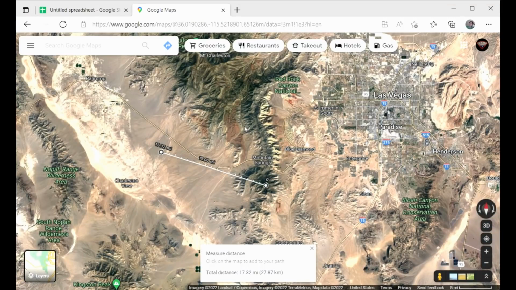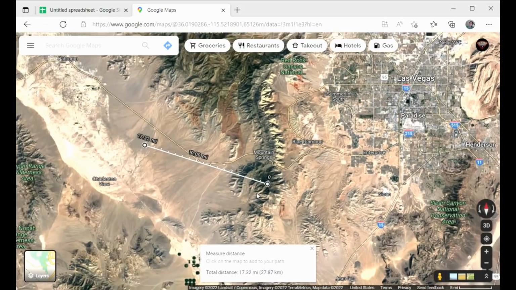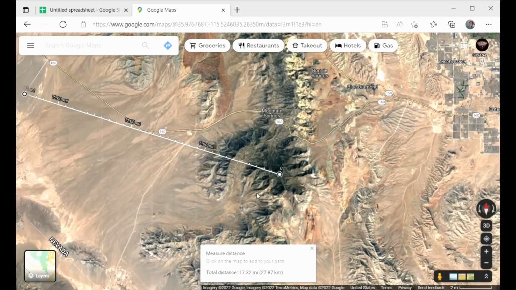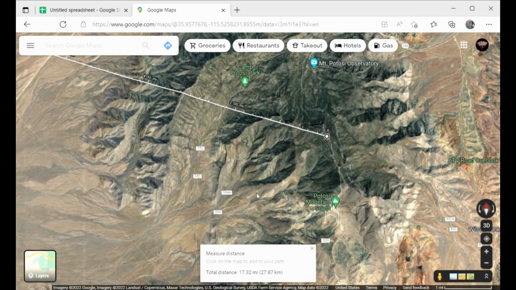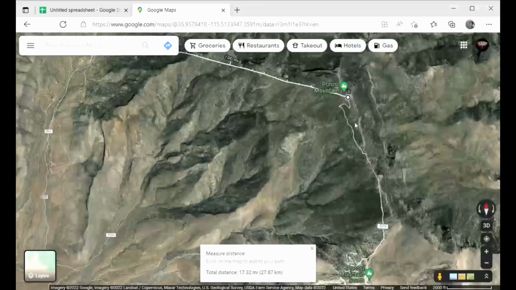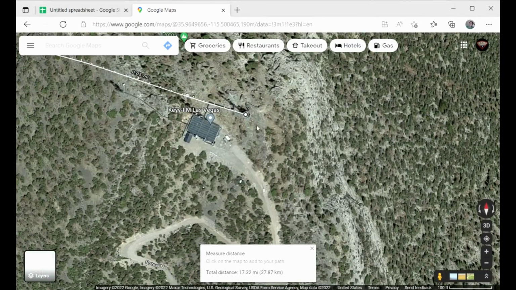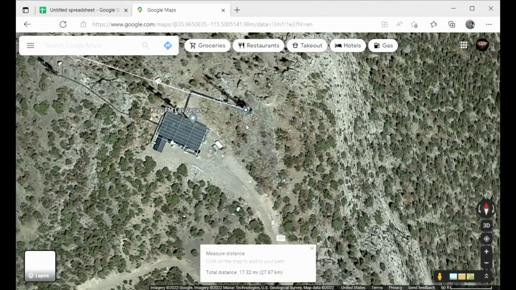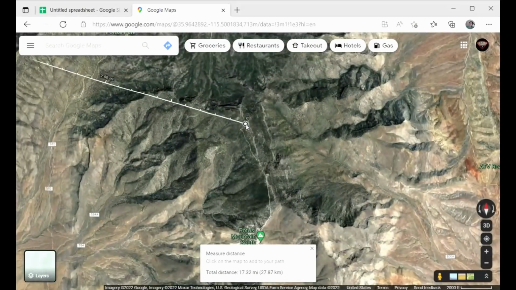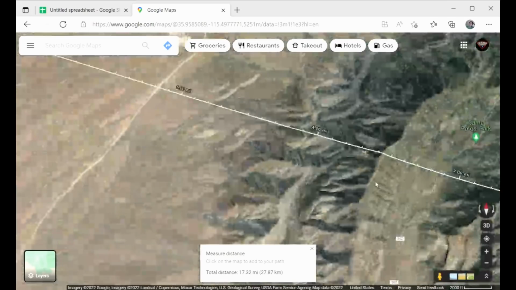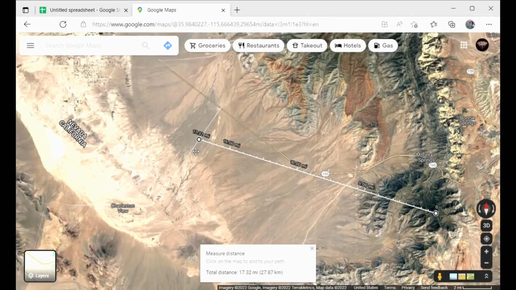Before we look at the data, here's the map. So we're going to zoom in and look at the towers as well. It's very critical that we get the dimensions accurate. So there's the tower, FM station up there, and here we're going out to mile marker 6.